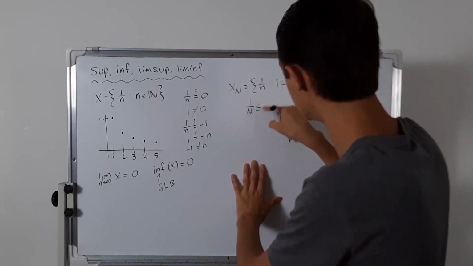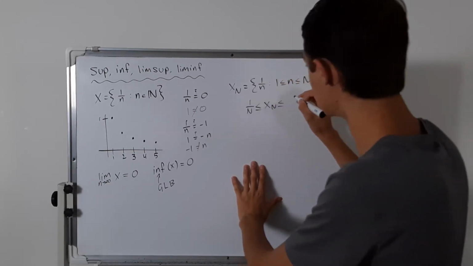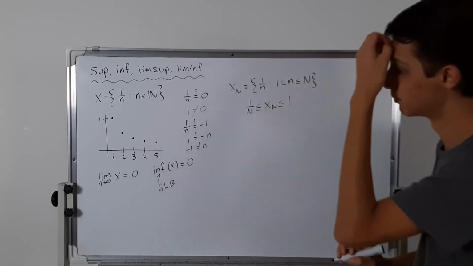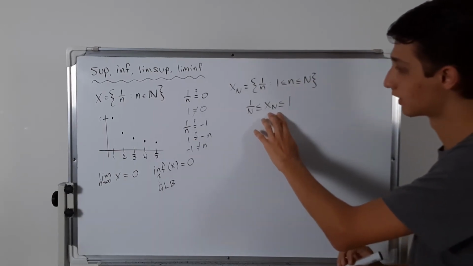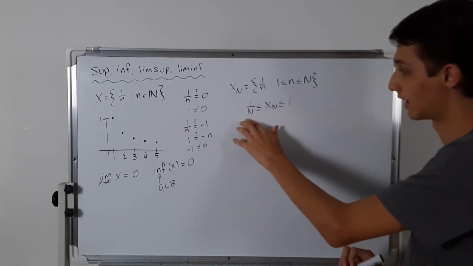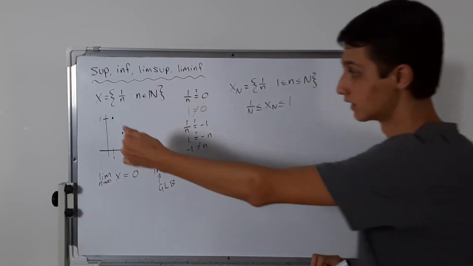Oops, it's going to be like that, and then at the highest end, it's going to be 1 over 1, which is just 1, right? So we can think of it this way, that our sequence is bounded like this, and I can say this because this is monotonically decreasing. In other words, it just keeps decreasing.